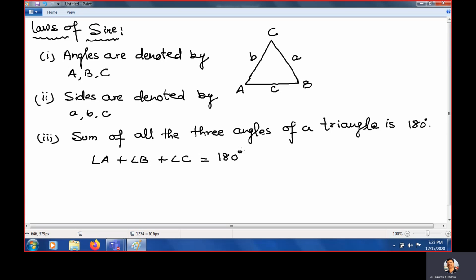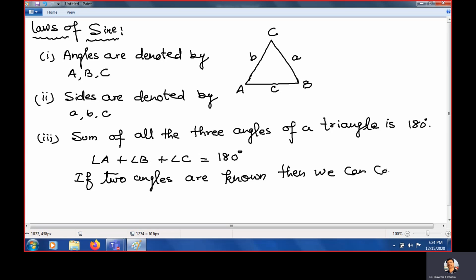If we know any two angles, then we can calculate the third angle. If two angles are known, then we can calculate the third angle by the above formula.